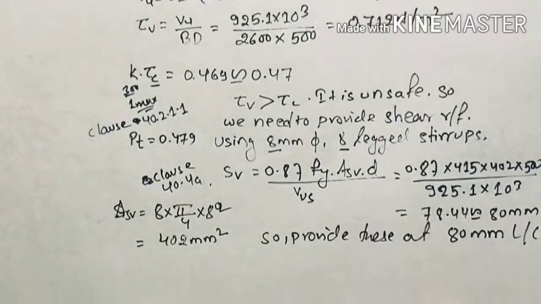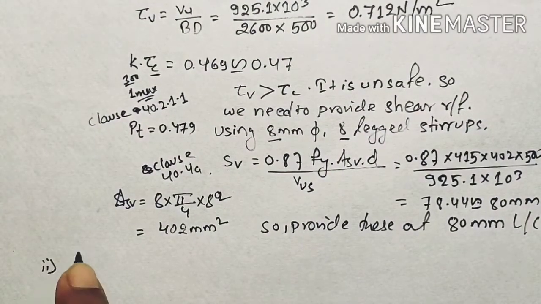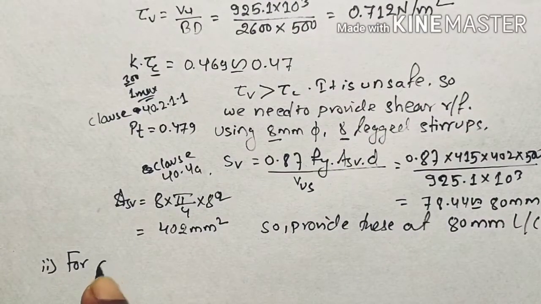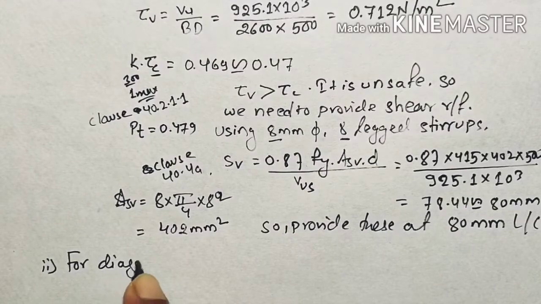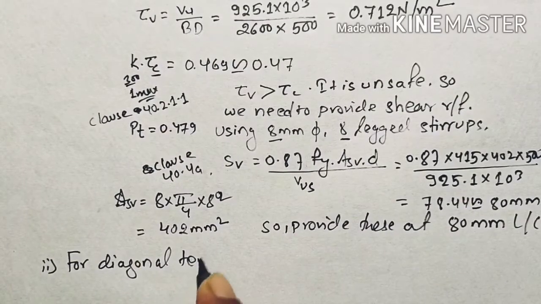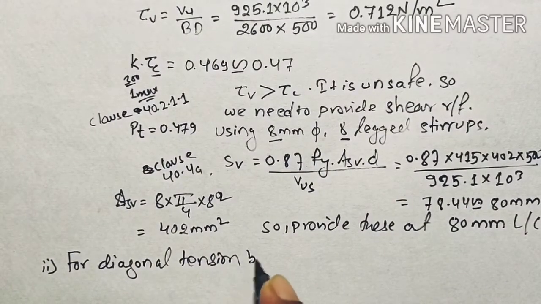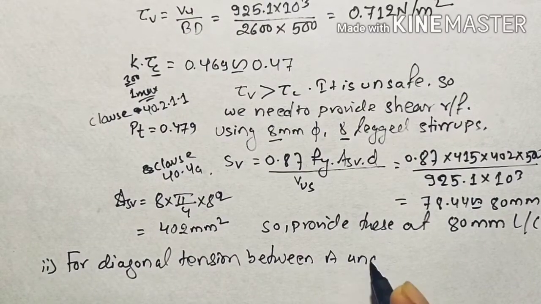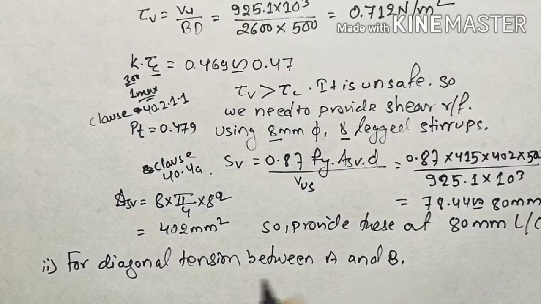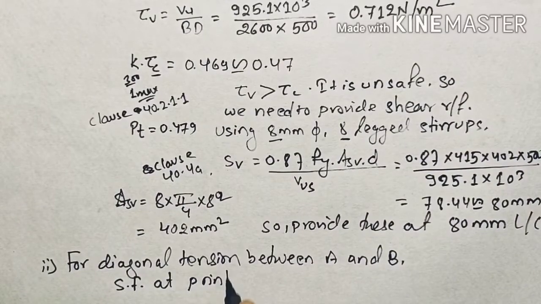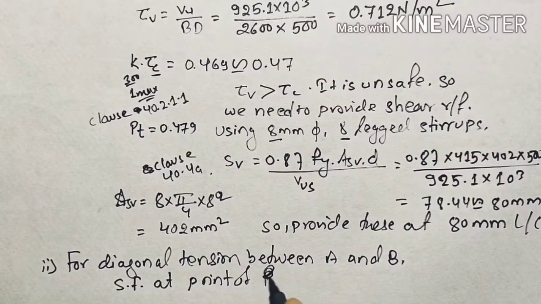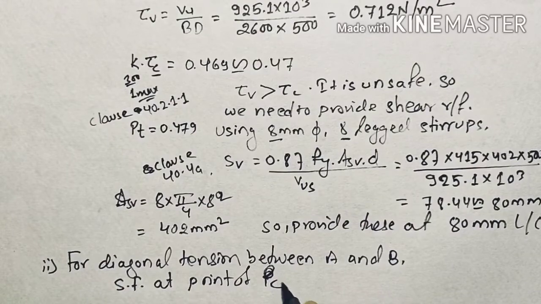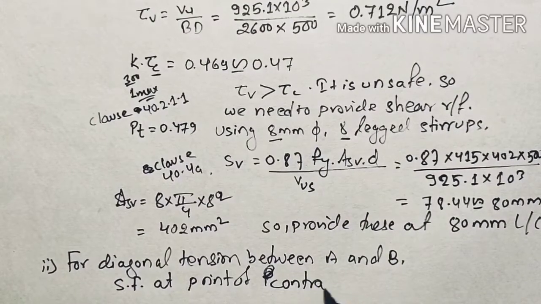Now second is for diagonal tension between A and B. For between A and B we need to use the shear force at point of contraflexure.